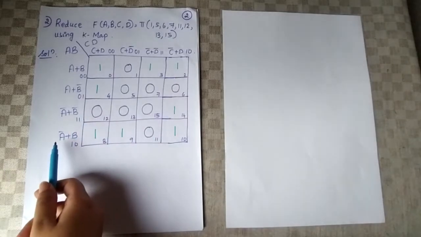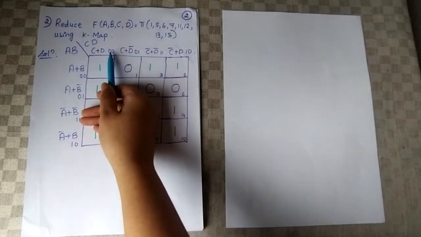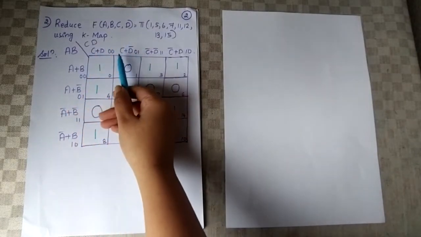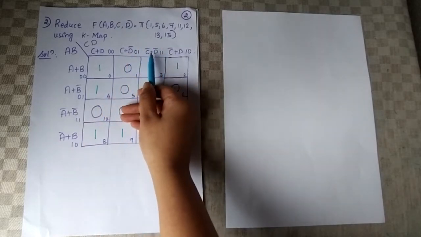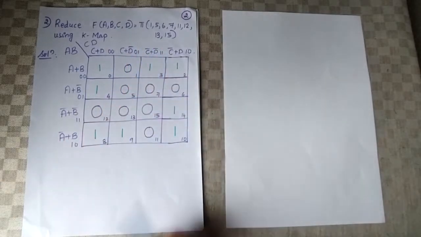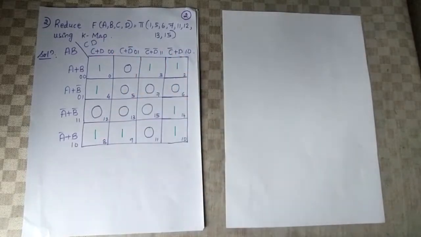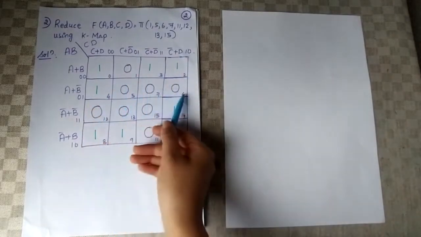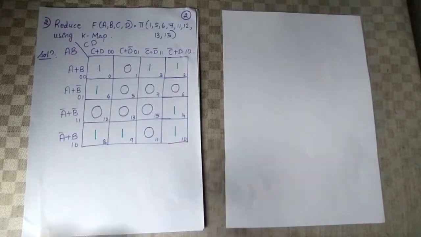It is 1, 0, it should be A complement plus B. Similarly, on the top side, again it is 0, 0, so it will be C plus D. 0, 1, it will be C plus D complement. 1, 1, it will be C complement plus D complement. And here it is 1, 0, it will be C complement plus D. Numbering of the cells remains the same. 0, 1, 2, 3, 4, 5, 6, 7, 8, 9, 10, 11, 12, 13, 14, 15.